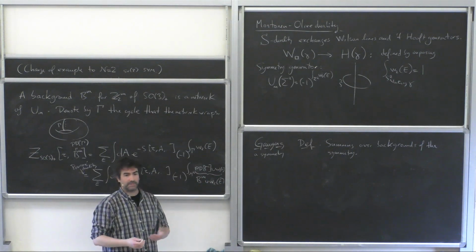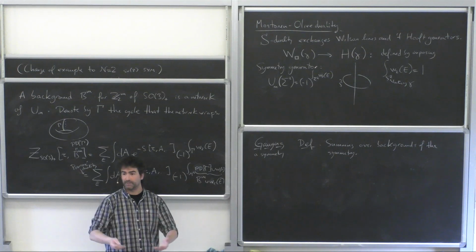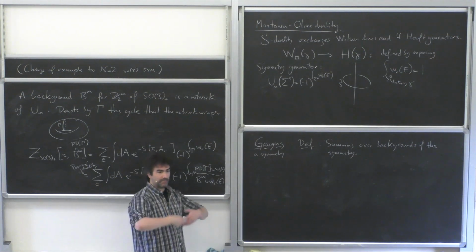Now, summing over some background in the path integral means that you have made the background dynamical. You go from having a background field to a dynamical object.